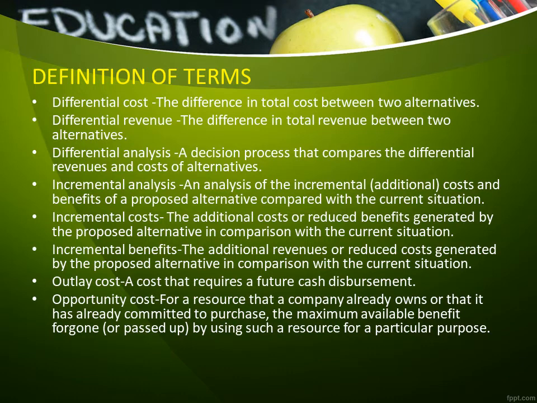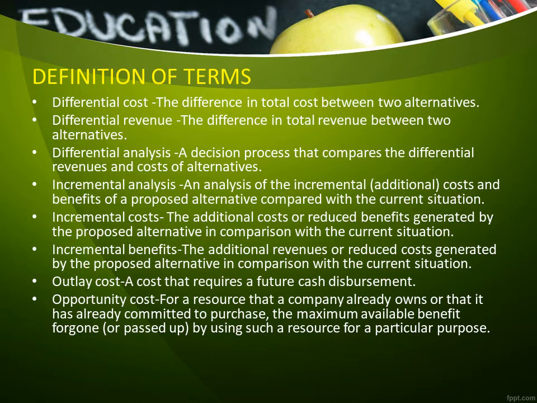Incremental costs: the additional costs or reduced benefits generated by the proposed alternative in comparison with the current situation. Incremental benefits: the additional revenues or reduced costs generated by the proposed alternative in comparison with the current situation.